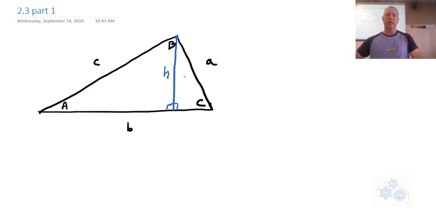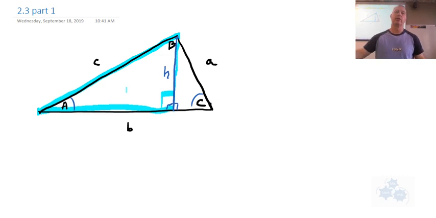We're going to label this H for height. In doing this, we're going to focus on angle A and angle C. You don't have to highlight this, but I'm going to highlight it right now. The first triangle is a right triangle that has angle A over here and side H over here, and c is the hypotenuse for this highlighted triangle.